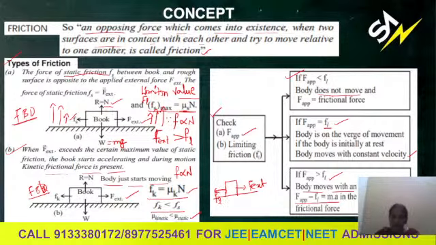The normal reaction acts upwards and the weight acts downwards. The net force is F external minus frictional force, which is equal to mass into acceleration.